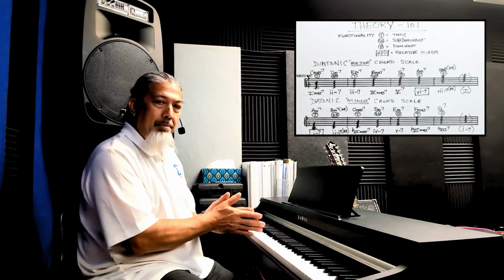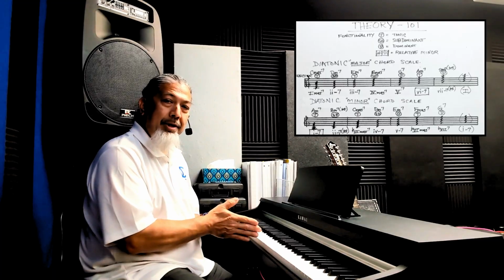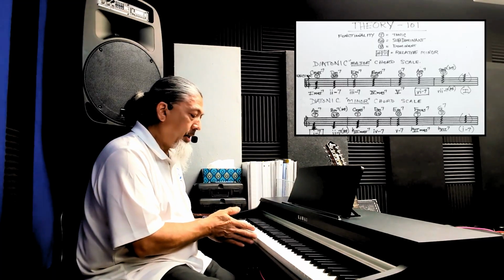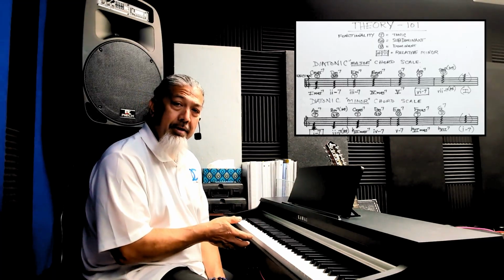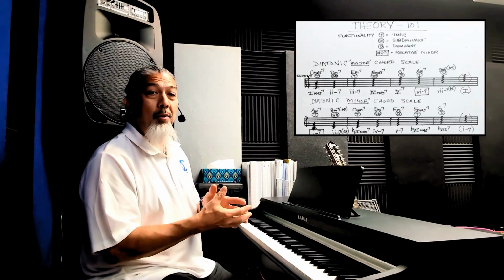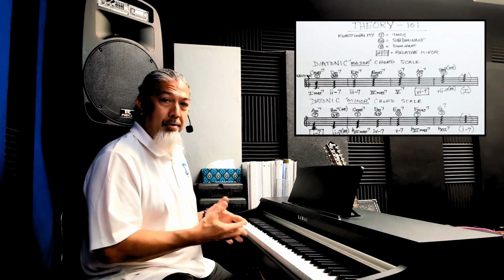So you hear that walk up, or that lower chord that precedes the one chord in this key. That's called a flat 7, dominant 7. And now you understand where that chord originates.